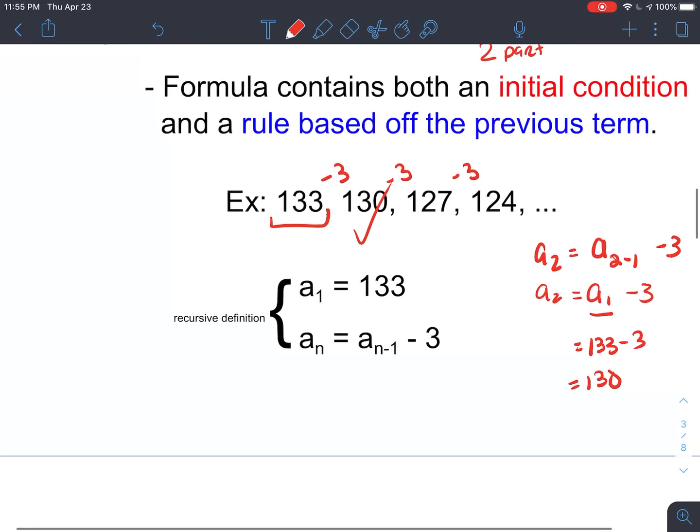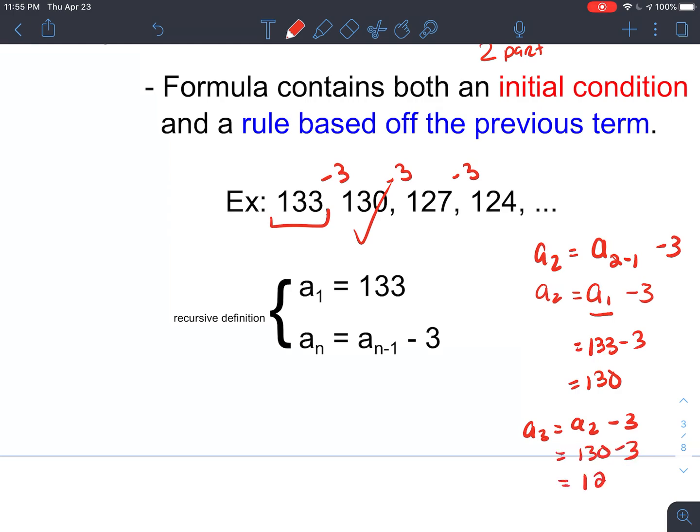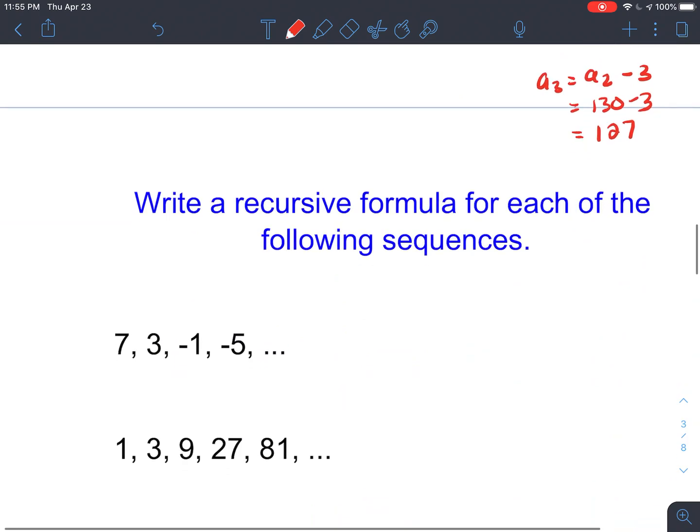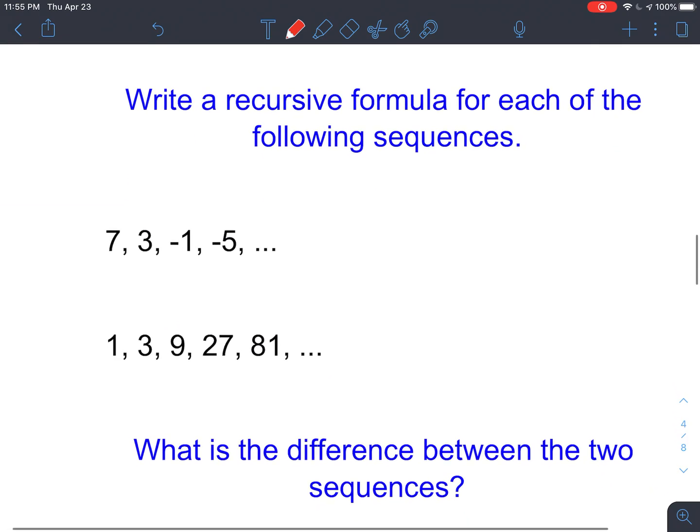Is that how we got our second term? Yes, it is. Does it work for the next one? Let's try it. A sub 3, we want the term before it and subtracting 3. 130 minus 3, is that the 127? Yes, so this is a good recursive definition.